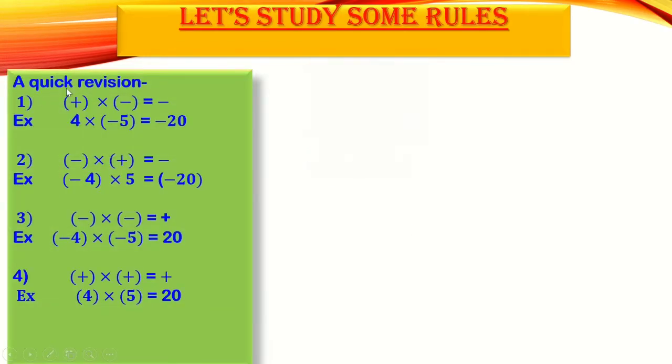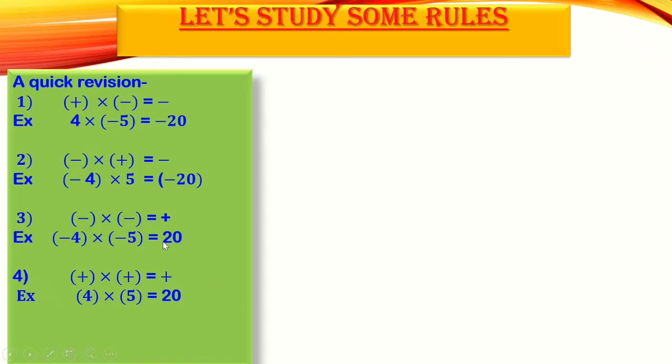We already know these rules: when we are multiplying two numbers having different signs, like here in examples 1 and 2, the numbers have two different signs, that is minus 4 into 5 or 4 into minus 5. So in the product we are getting minus 20. On the other hand, if the numbers have the same sign, the answer is going to have the plus sign with it.